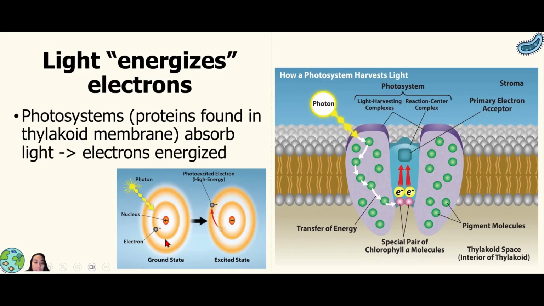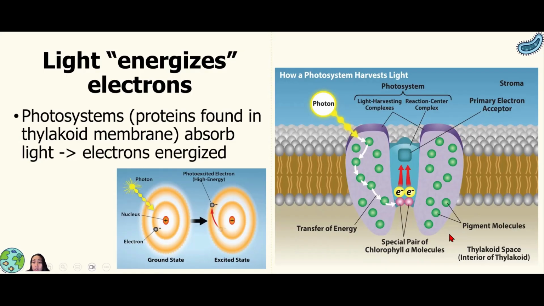An energized electron is one that goes from its ground state to its so-called excited state. That is what's happening to the electrons. And by the way, this is happening through a very special type of pigment called chlorophyll. Chlorophyll is really important in this whole process of energizing electrons and absorbing light energy.